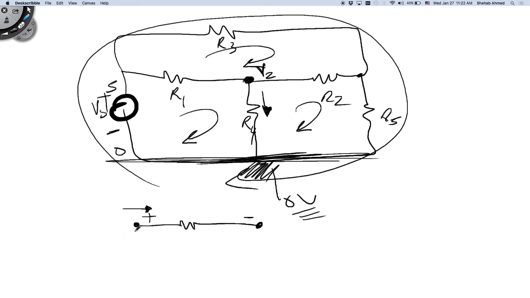And if this node is called V2 and this node is called 0, then the current flowing here is what? We call it IV2 0, right? This IV2 0 is equal to what? It's equal to V2, or the voltage at this node, minus the voltage at this node, because we assume that the polarity is this way, right?